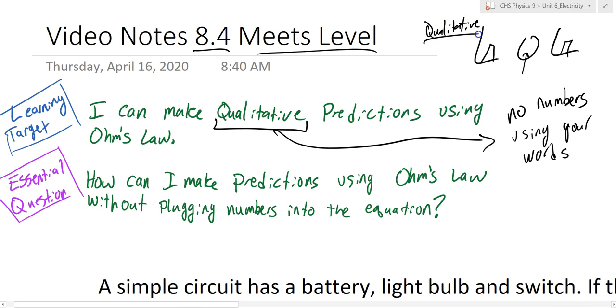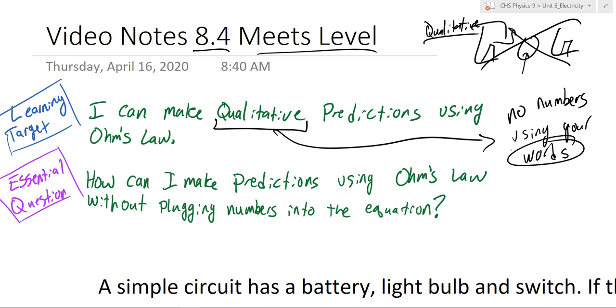We're also going to be doing some qualitative stuff here, except we're not going to be using energy bar charts. We're going to be using words to describe something that's happening in the circuit.